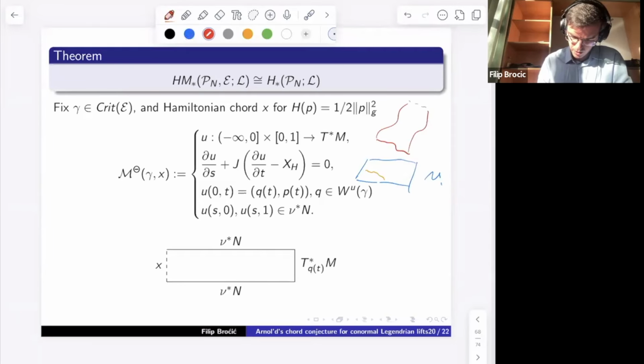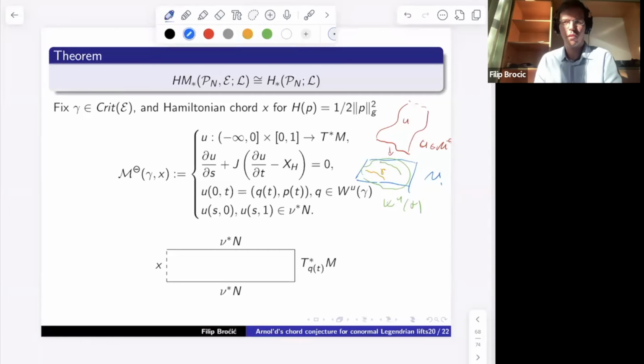This is one element of the moduli space. And the projection of the zeroth part should belong to the unstable manifold of gamma, where the orange curve is gamma.